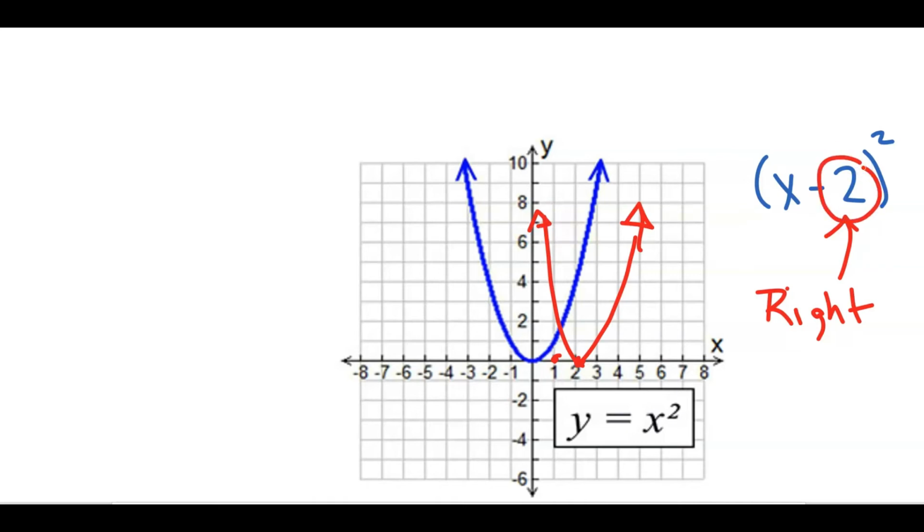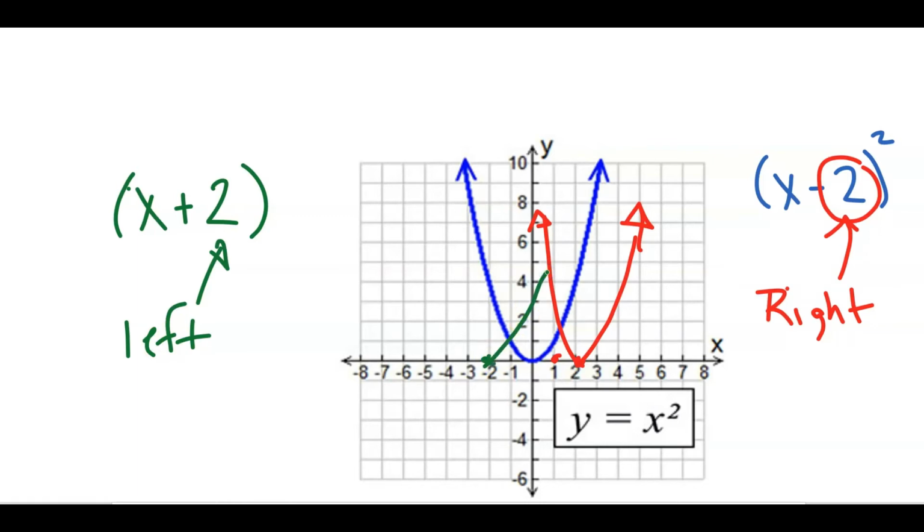Now, if it's going to move me left, you would take x squared and you would add. It would look like x plus 2. Okay, plus 2 is going to move me to the left 2 spaces from where I started. So when we're talking about those horizontal left and right shifts, they always kind of look like the opposite of what you would think.